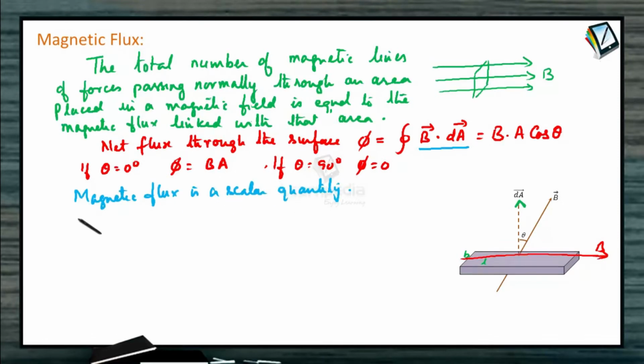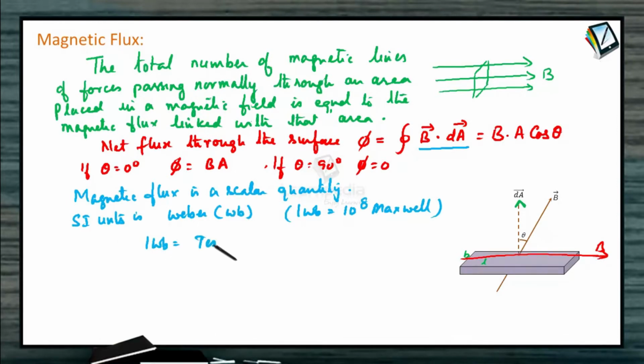Its SI unit is Weber. It's given as Wb. CGS unit is Maxwell. 1 Weber is equal to 10 to the power of 8 Maxwell. We have other units also. Because it is B dot A, we can also write 1 Weber is equal to Tesla into meter square, which also can be written as Newton meter by ampere.